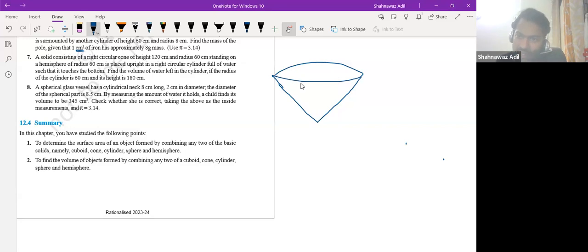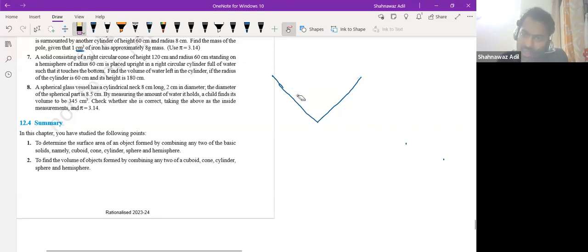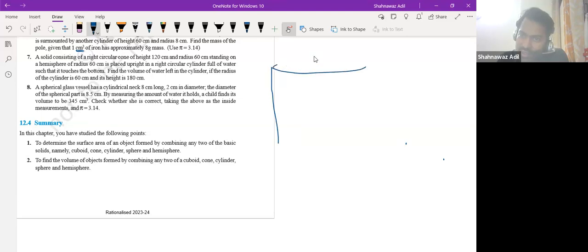So we have a cylinder, and in this cylinder we have a hemisphere of radius 60 and this cone is also 60 centimeter.